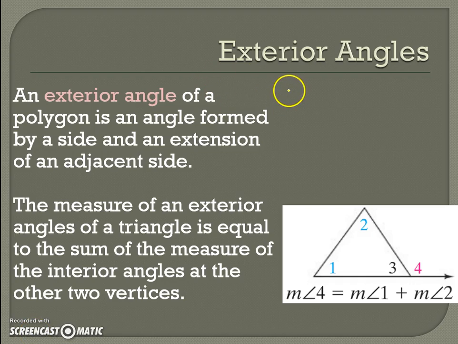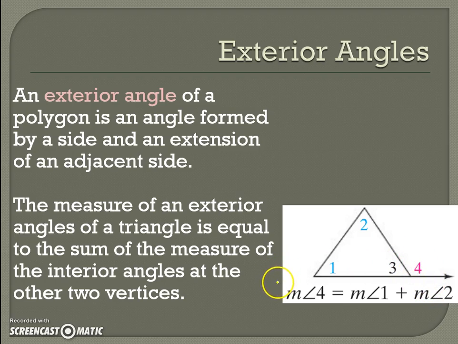All right, make sure you pause and copy this down. An exterior angle of a polygon is an angle formed by a side and an extension of an adjacent side. So here I have this side and then this extension of the adjacent side. It's on the outside, aka the exterior of the polygon, where one of the sides was extended.